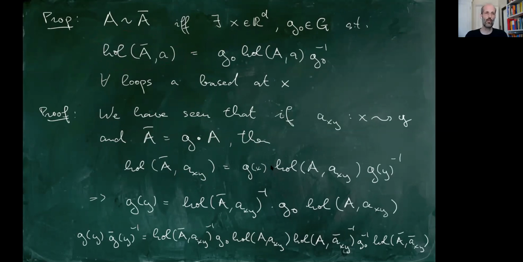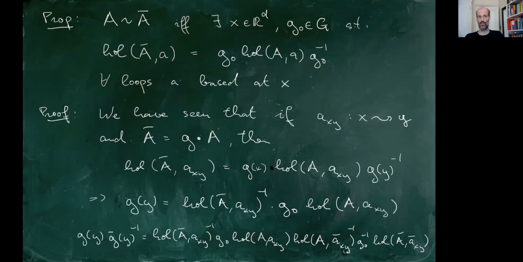But just knowing the conjugacy class of every holonomy doesn't guarantee you that you can find one G0 here that works for every loop. Right? So in general, all that tells you is that you can find a G0 so that this is true, but your G0 might actually depend on A. Okay, so if you only know the Wilson loop observables, then a priori G0 might actually depend on A.